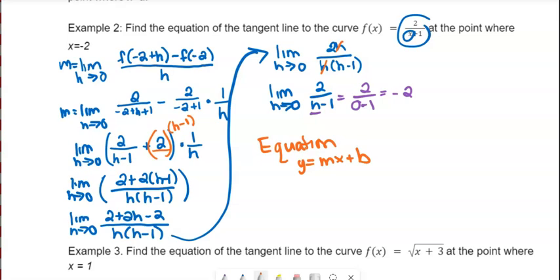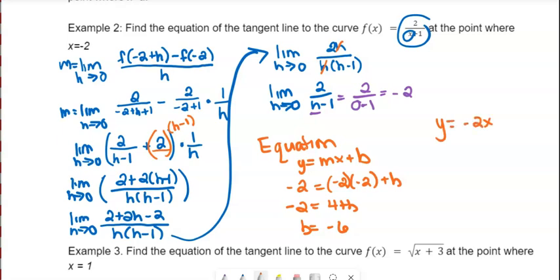Okay, I'm going to use my y value of -2, which I found here. My slope is -2 as well, and that happens at -2. So b is -6. -2x minus 6.